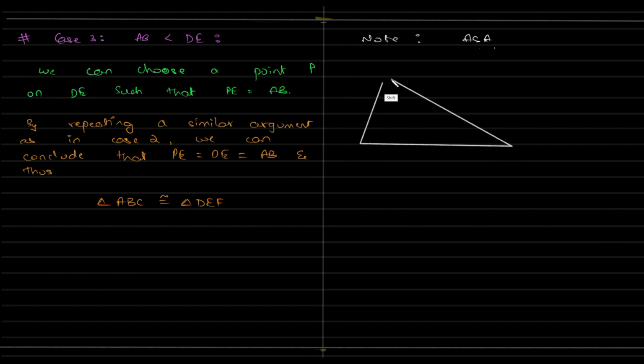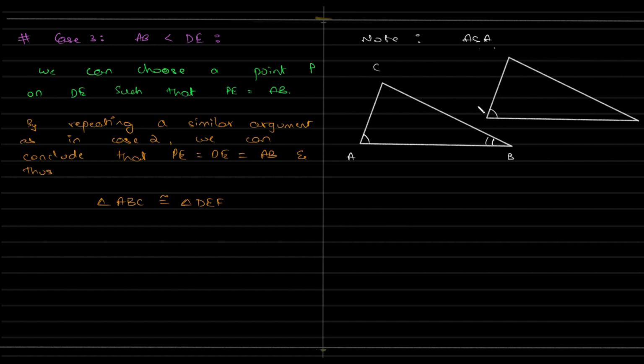So say this is your first triangle, and the second triangle will obviously look the same because they are congruent. So we can have A, B and C, and this is E, F and G. So these two triangles are congruent. So these two sides are equal, so on and so forth. So this is given.